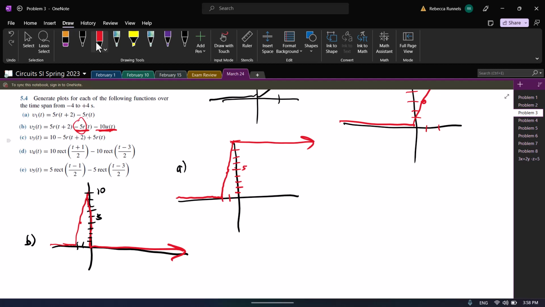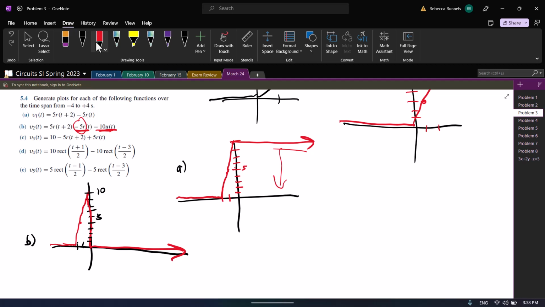The straight down 10 is because I had -10u of t. -10u of t just translates down. Because the t is by itself, it doesn't go left or right. Oh, right, yes. So the -5R of t stops the slope, and then the straight down sends it down. Yes. Because the only difference between this one and the one above it is this -10 unit step function, which just took this horizontal line and brought it down.